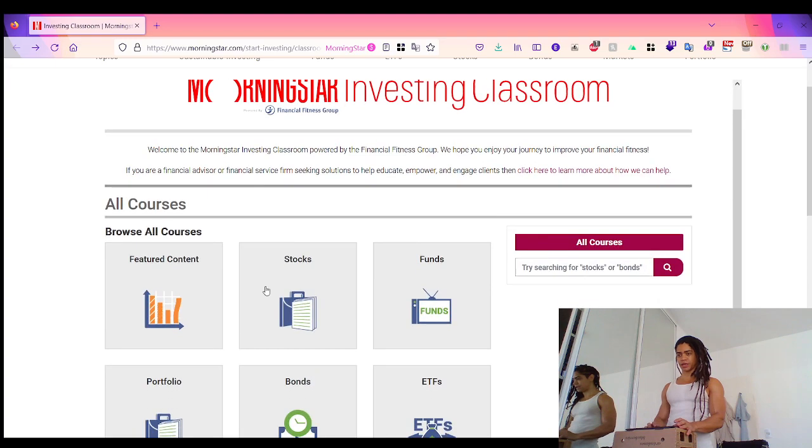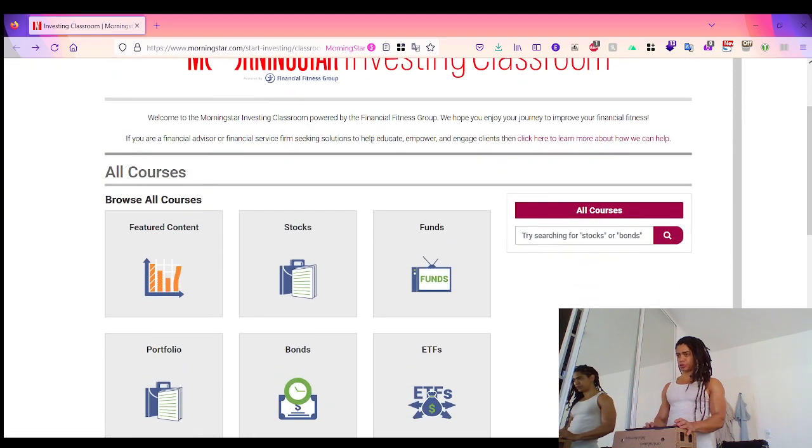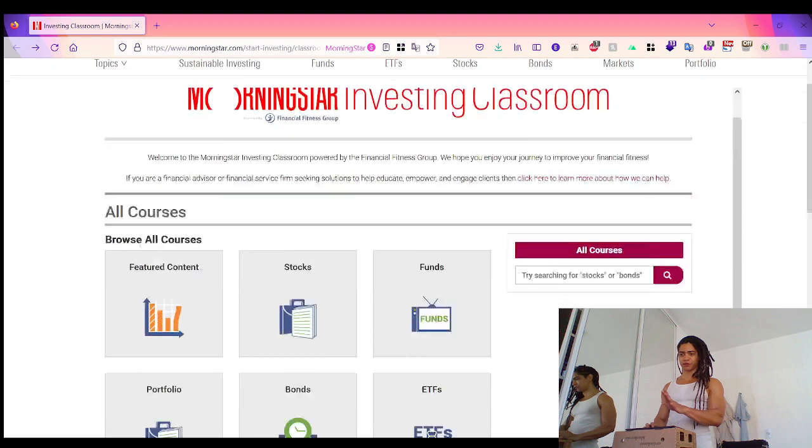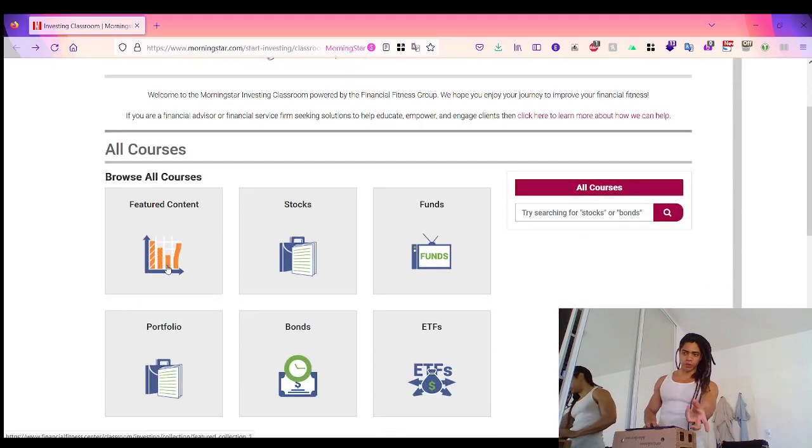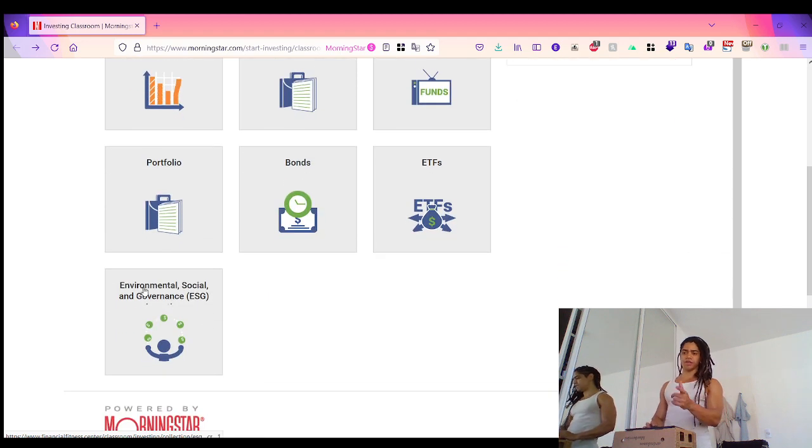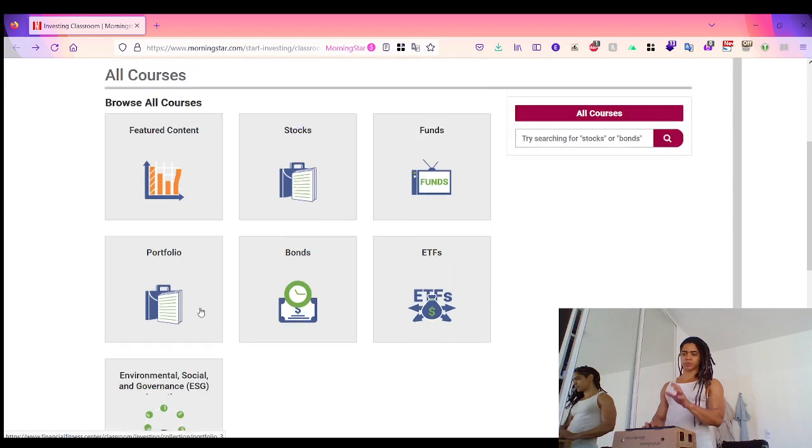This is the Morningstar Investing Classroom, where they show you featured content, stocks, funds, portfolio, bonds, ETF, and ESG: environment, social, and governance.